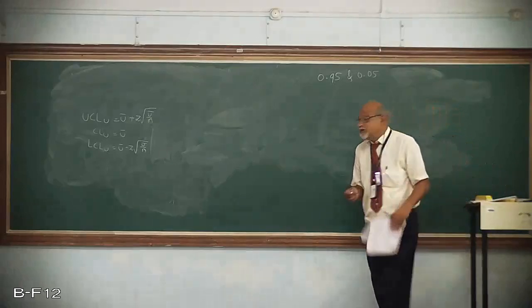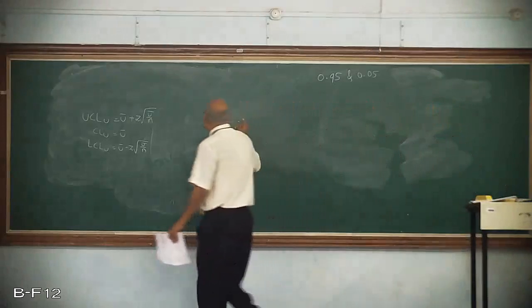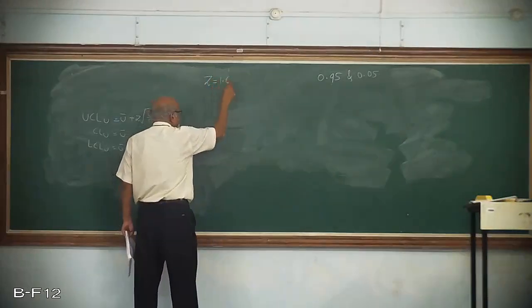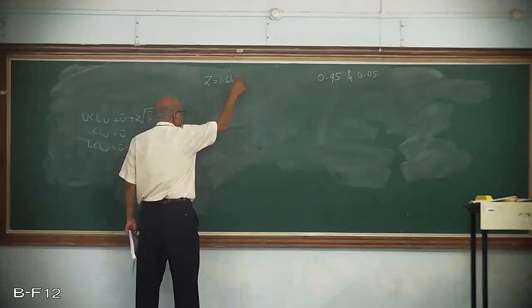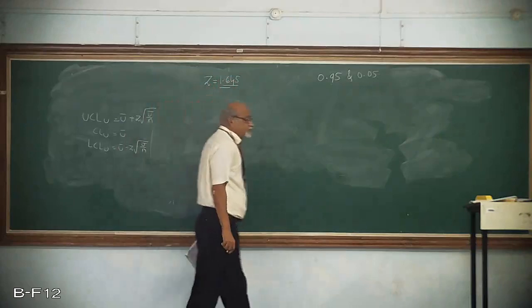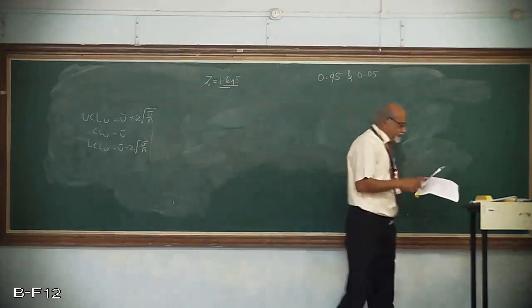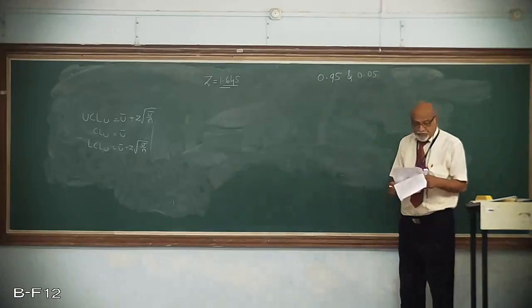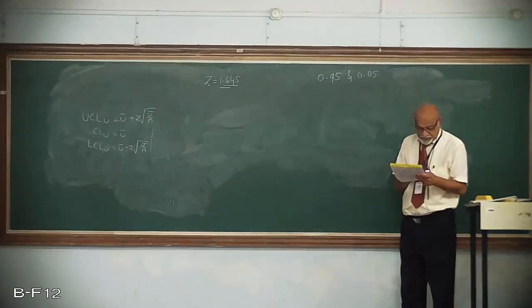So the Z value from the table works out to Z equal to 1.645. Even on the minus side, if I go to 0.05, the same thing is going to work out there also.